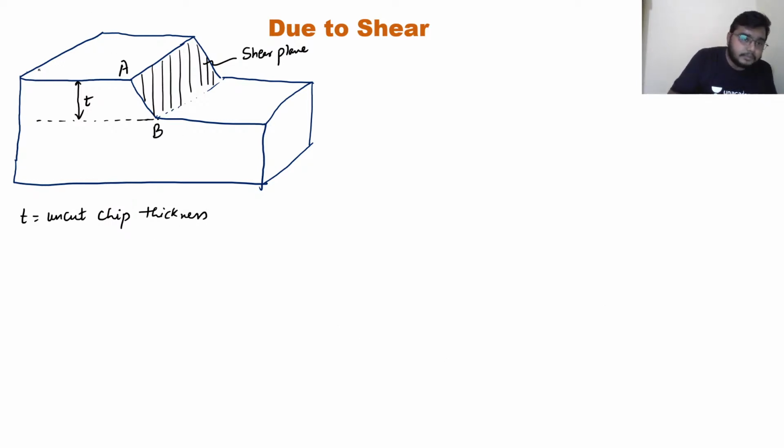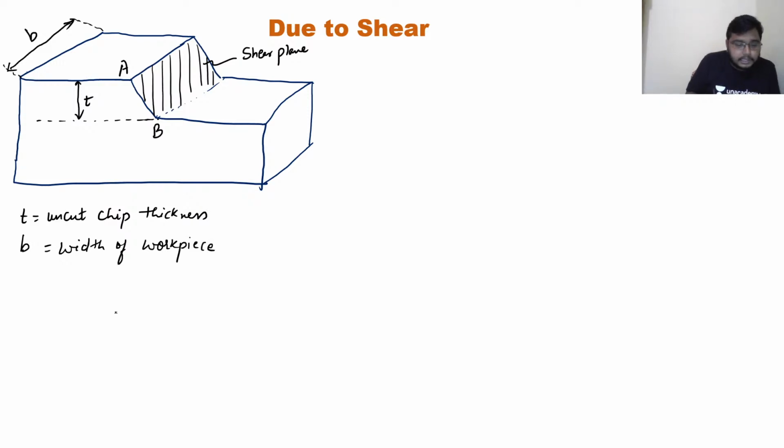Let us assume this as B. So B is your width of workpiece. Clear? Now this is your T, that is uncut chip thickness, and I have explained these things in earlier classes. This angle is known as shear angle. Okay, so phi is your shear angle.